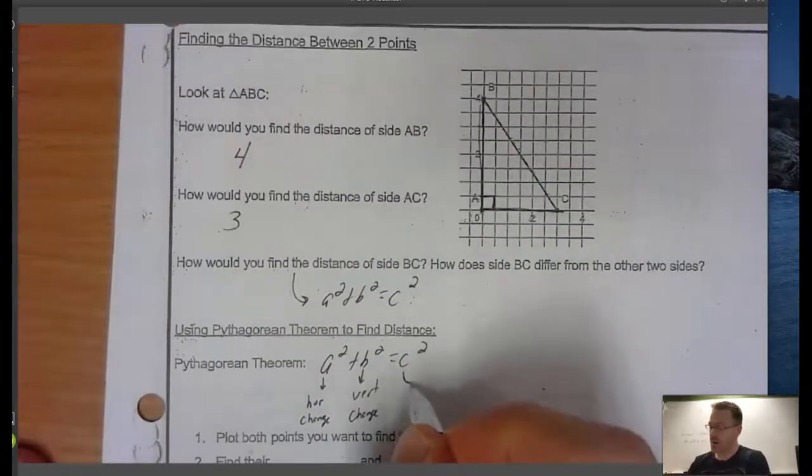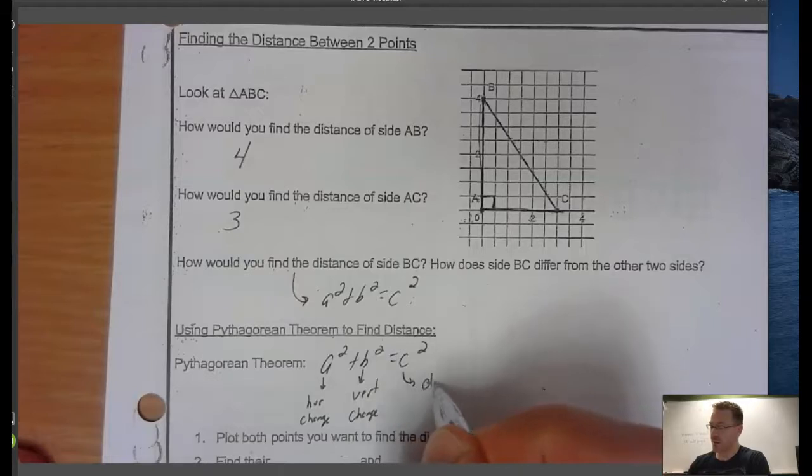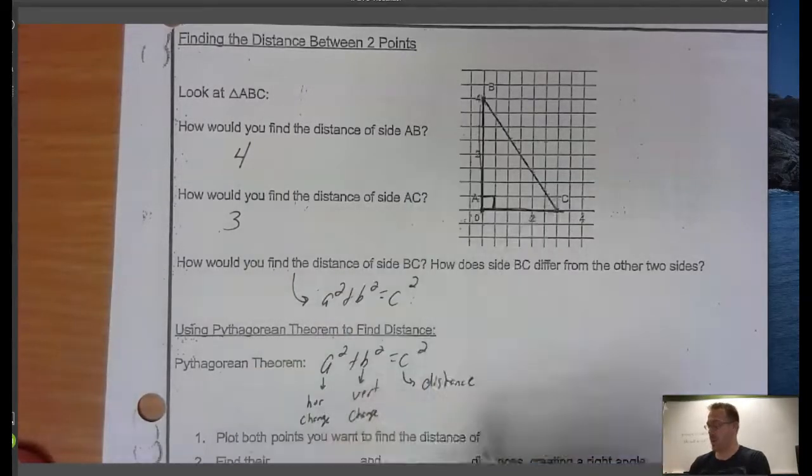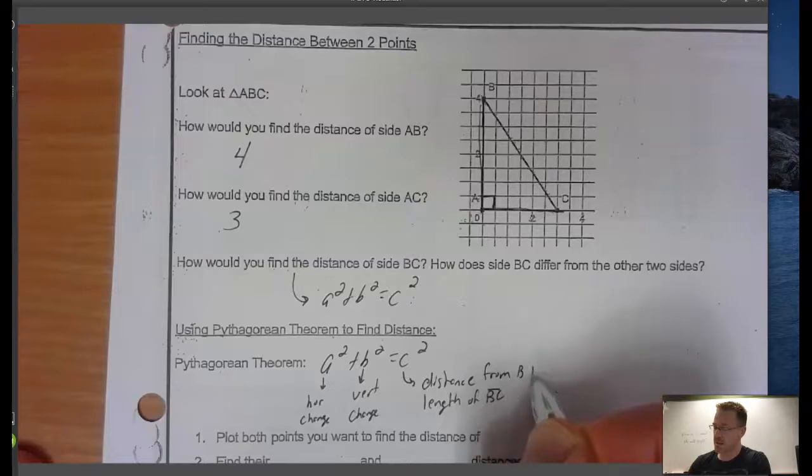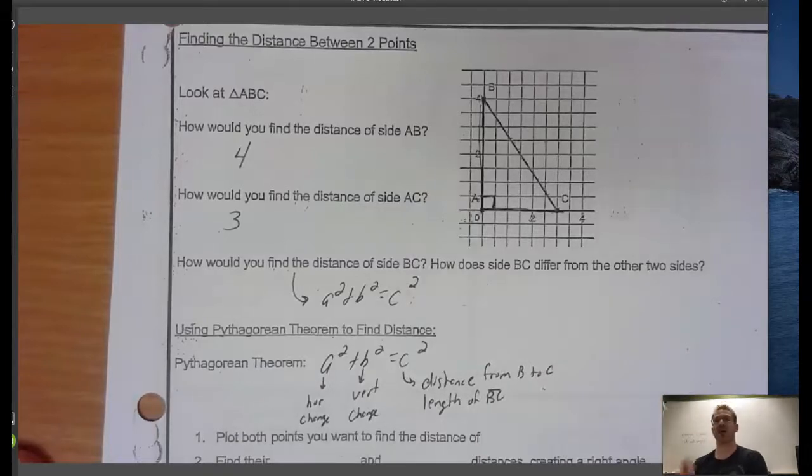And then c is the length that we're looking for. This is the distance from B to C, or you can think of it as the length of BC. So the distance from B to C, or the length of BC, either way you want to think about it.